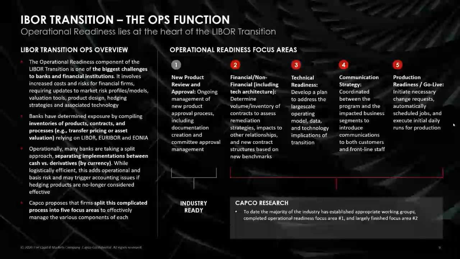What we've seen from previous big transformation programs is this gets considered at the beginning, then doesn't really get focused on at the end when you're trying to get that square peg into a circle hole. So by developing that plan to address these tech deficiencies and those operational gaps, you find yourself in a position whereby your ops function can be as responsive as possible to any sudden change or requirement from a regulator point of view, an industry point of view, or even from a front office point of view.